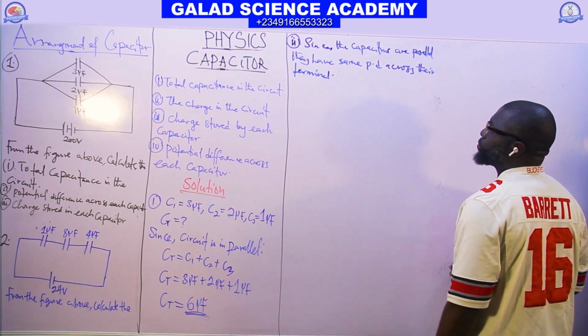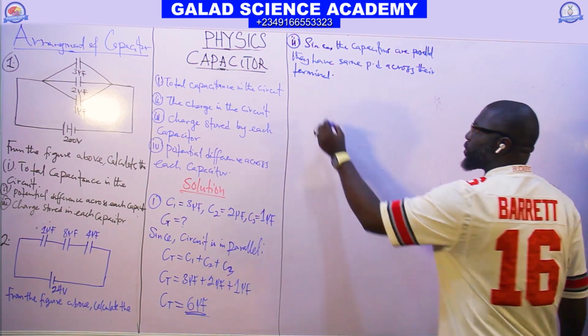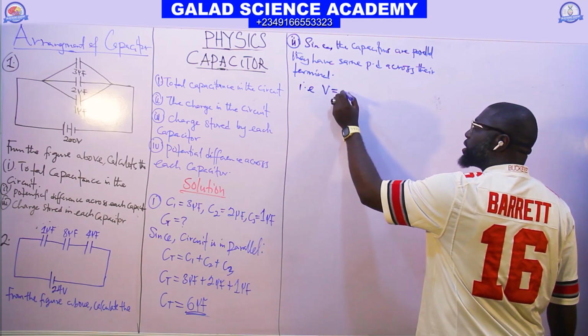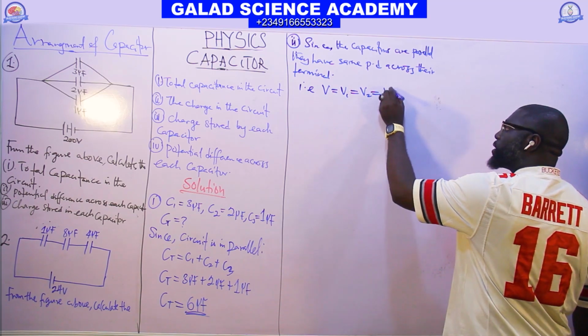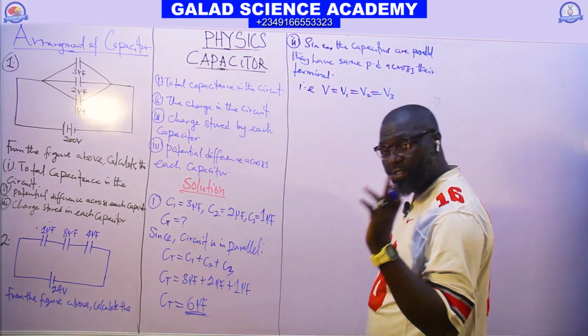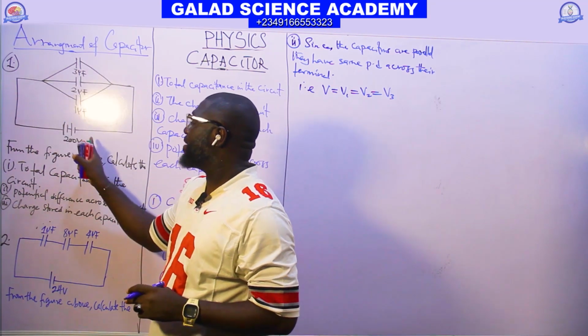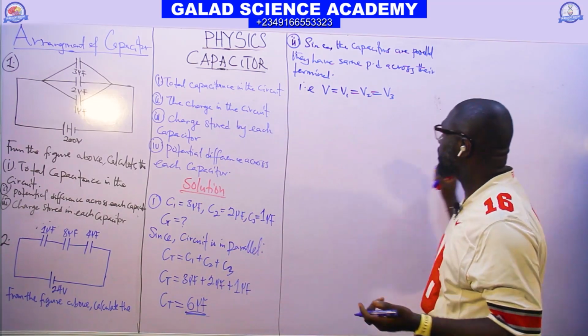So you can now say that V equals V1 equals V2 equals V3. As we have done before, when they are in parallel, they have the same potential difference across them.